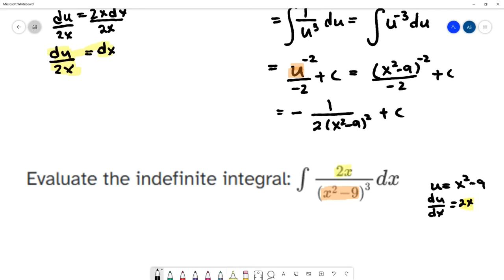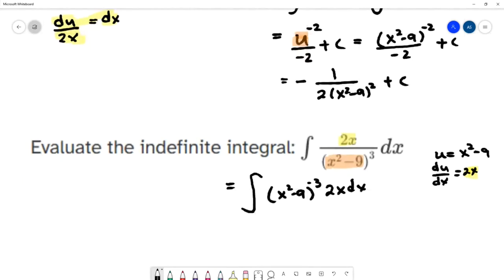So you could write this as (x squared minus 9) to the negative 3 times 2x dx, and this fits the pattern of the general power rule. You have something to a power and then the derivative of that something within the problem.